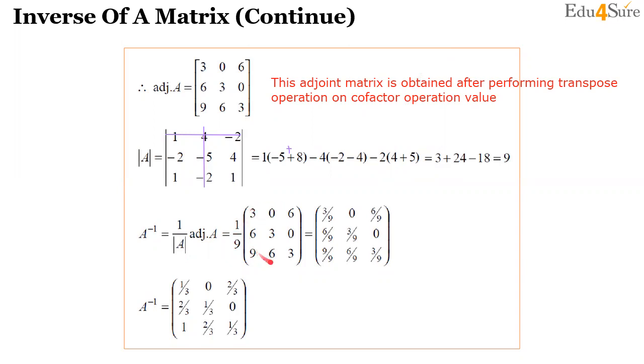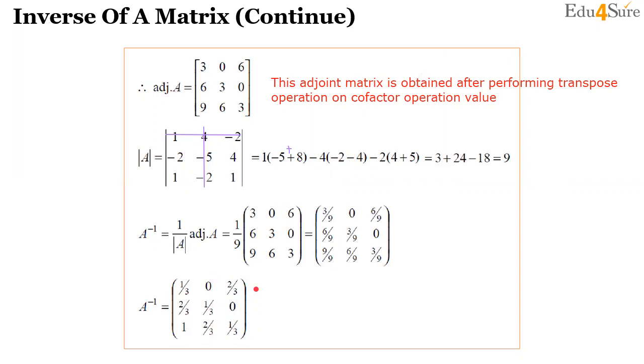This is your adjoint matrix that you got here. So when you divide it, you will get the inverse value. You can either convert it into a decimal, like 1 divided by 3 is approximately 0.33, or you can keep it like this also.